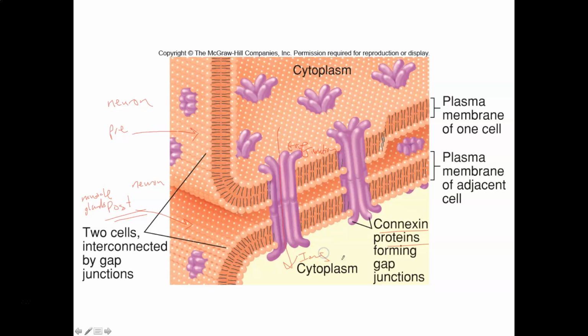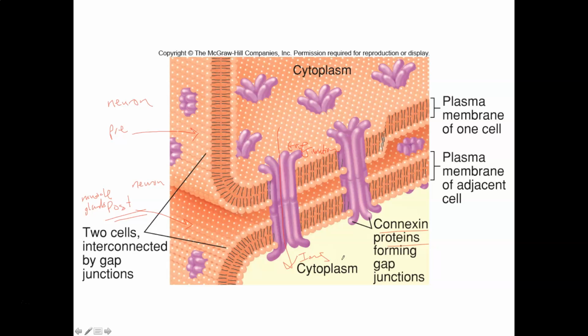So the nervous system utilizes electrical synapses or gap junctions as a way to get information from one cell to another. And again, the primary advantage here is the speed at which you can send information and also the synchronization that can take place as you interconnect groups of cells together.